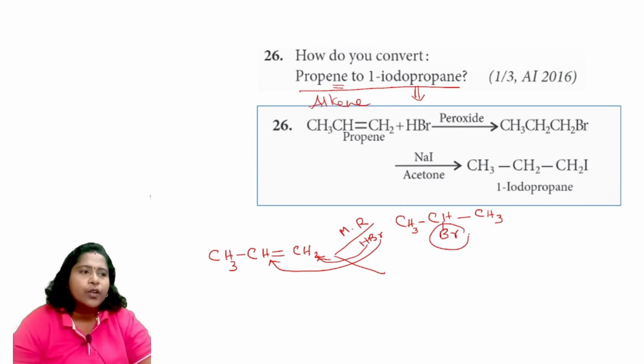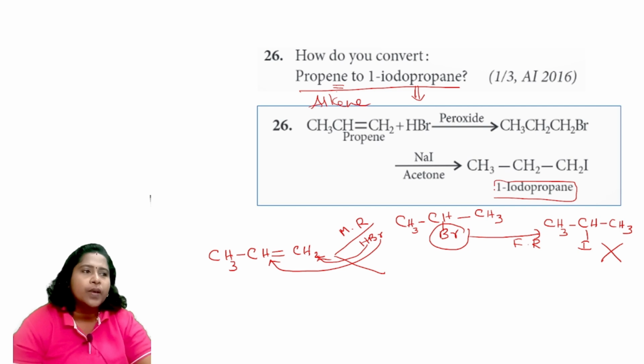But after using the Finkelstein reaction, iodine will be at the second position: CH3, CH, iodine, CH3. This is not what we want. What we want is iodine attached at the first position. So I can use the anti-Markovnikov rule, again adding HBr.